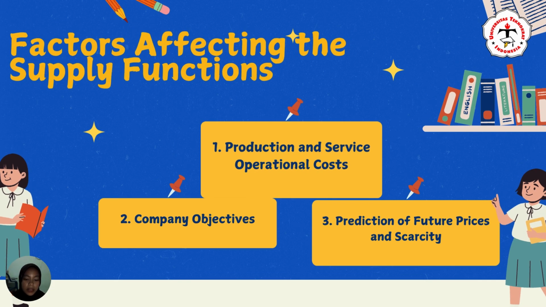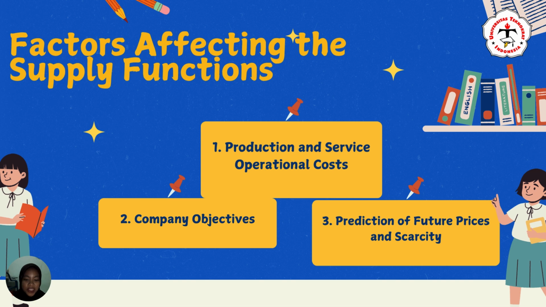There are several factors that influence the supply function, namely production and service operational costs. High production costs mean that producers will sell fewer goods at a higher price if you are forced to sell in the same price range as competitors. The quantity of goods offered will be less.